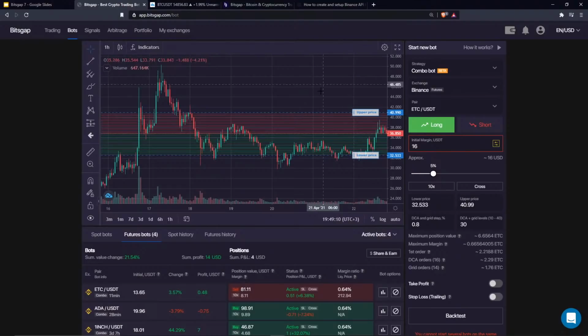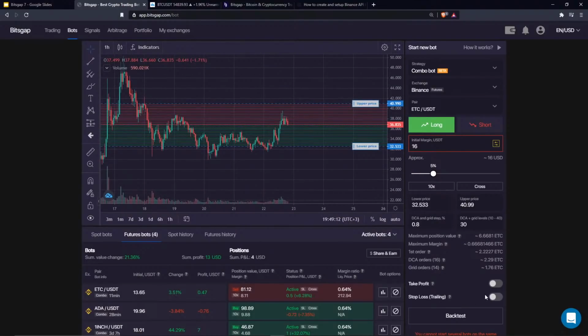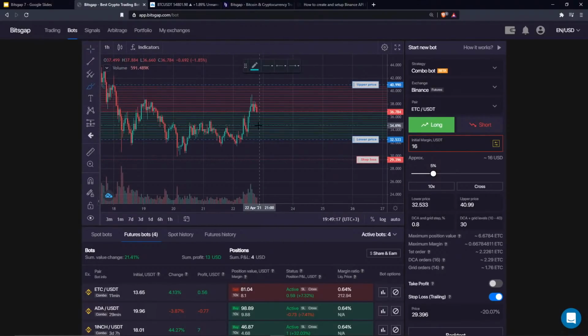Once you start trading with the stop loss enabled, it limits your loss, so you won't see bigger losses as the price falls further down. That's why stop loss, from my practical experience, is a must-have in order to minimize the potential risk.